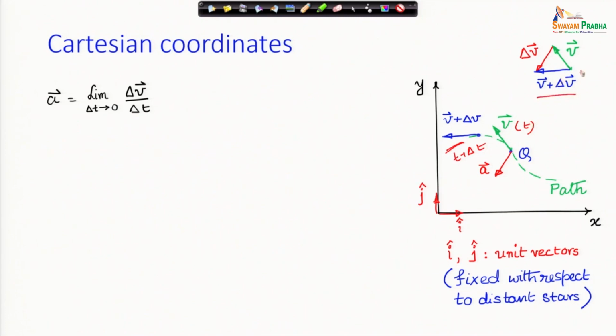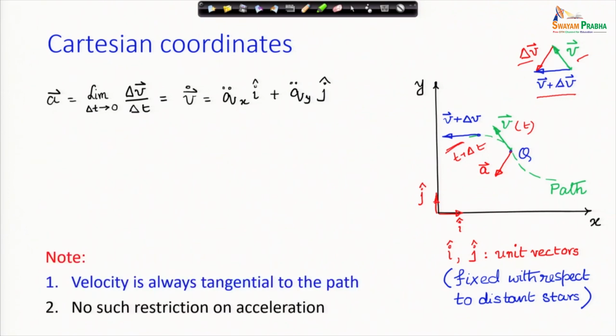I am comparing them, taking the difference which is delta v, and then dividing it by delta t and taking the limit delta t goes to 0, and that is qx double dot. Now, the coordinates are getting differentiated 2 times, again the frame does not get differentiated. So, qx double dot i cap plus qy double dot j cap.